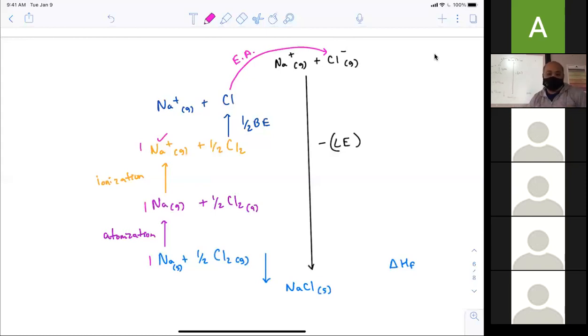So I leave that one kind of ambiguous here, depending on the situation. But this whole cycle, this plus this plus this plus this plus this equals your enthalpy of formation.